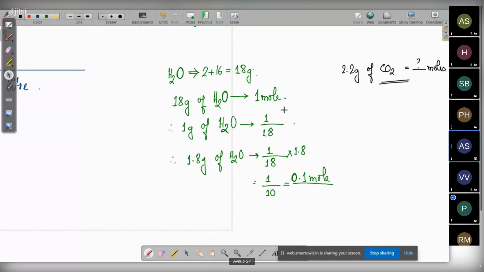First find out the molecular weight of carbon dioxide. What are you getting by calculation? 44 grams. Okay, then now do the unitary method. So what is the answer?